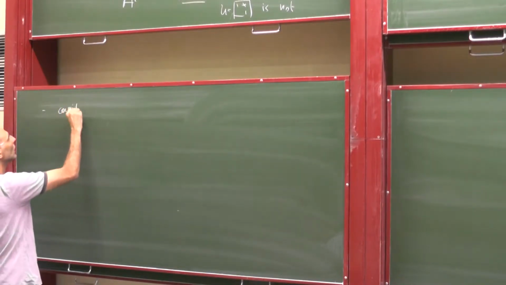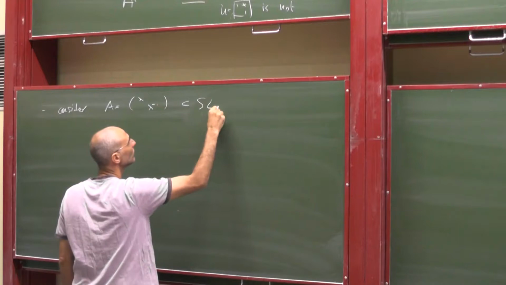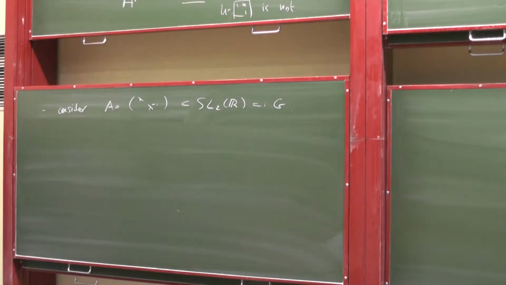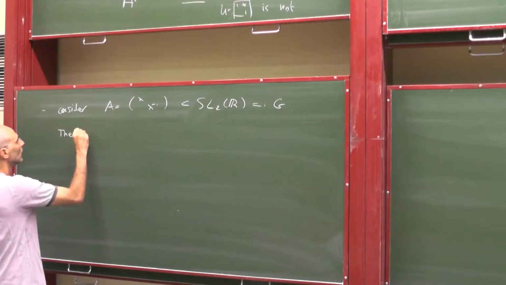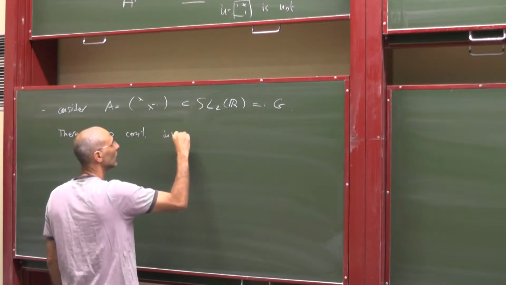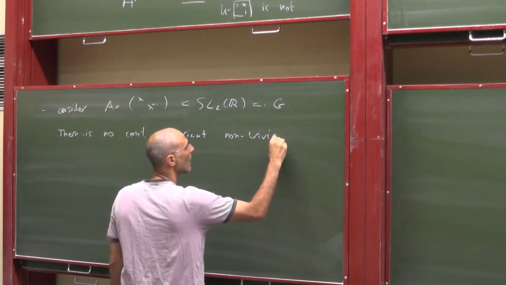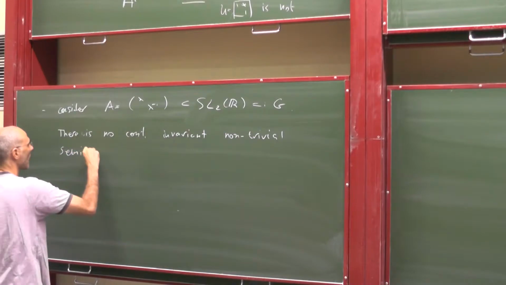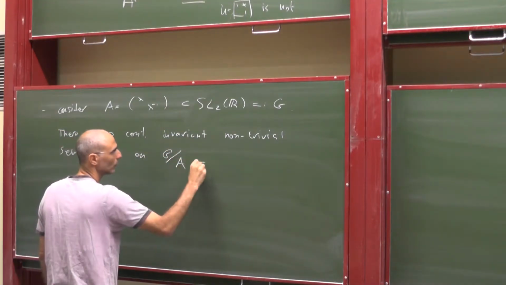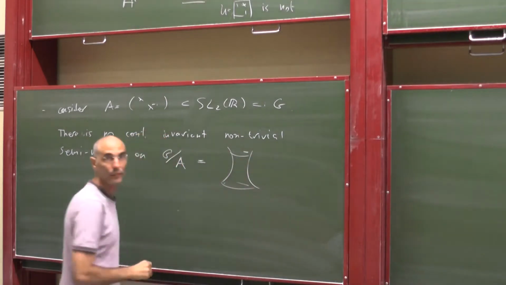Consider A. This is the diagonal group in SL2, which I guess probably I will abbreviate to G. There is no continuous invariant non-trivial metric on G mod A, which we will prove. Looks like that, right?